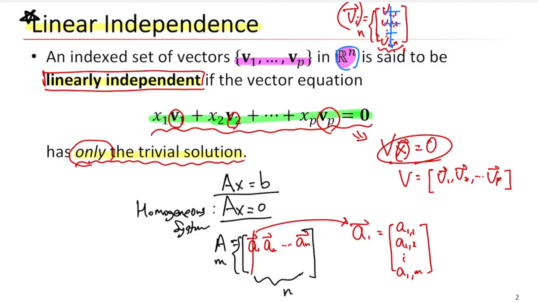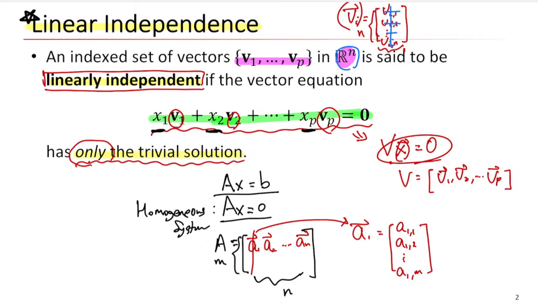So when is a set linearly independent? Given the set of vectors v1 through vp, a vector equation can be written with the coefficients x1 through xp. This is a vector equation, right? If this vector equation has only the trivial solution, it is called linear independence. What is the trivial solution of this vector equation?